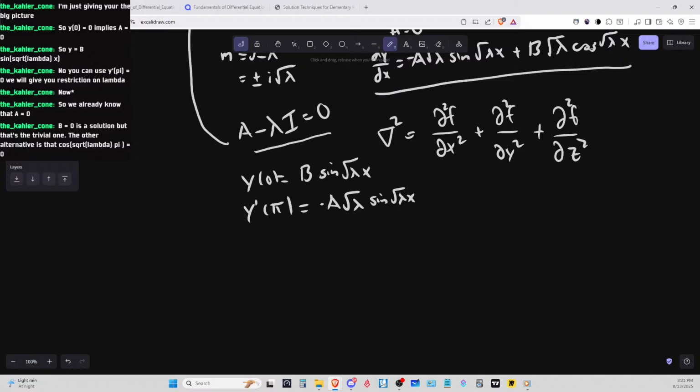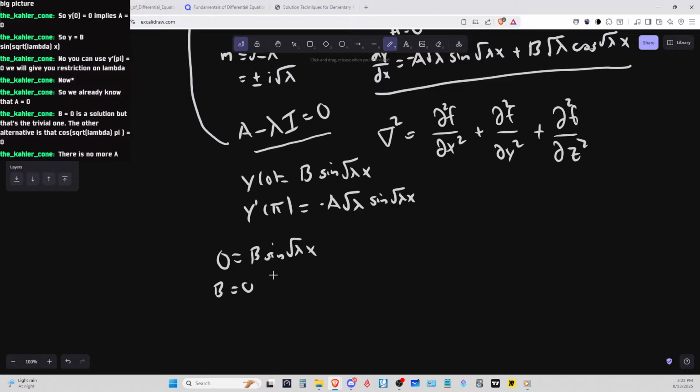Now we are ready. We know b equal to 0 is a solution, but that's a trivial one. The other alternative is that the sine term equals 0. Right, yeah. So we'll just write this like so, equals 0. And b equal to 0 is a trivial solution, so we kind of don't want that one.